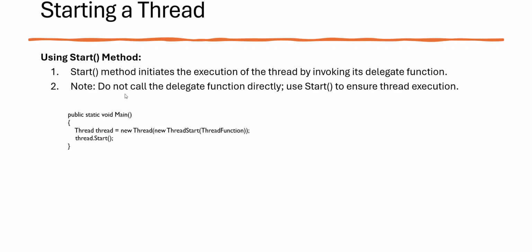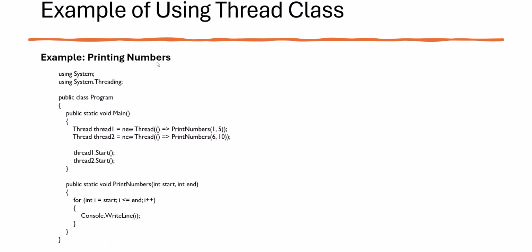One note is that we should not call the delegate function directly. Use Start to ensure the thread execution. Next is an example of using the Thread class. I have already given one example. This is just to print the numbers from 1 to 5 in thread 1 and 6 to 10 in thread 2.